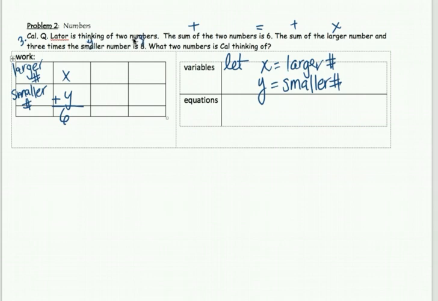Okay, so let's go through and translate those out. So we have the sum of, so we're adding up the larger number and 3 times the smaller number. And so they're saying that the sum of all of that is 8. All right, so here are two new equations to represent this problem. Okay, so if we take the two numbers and add them, we should get 6. If we take the larger, add it to 3 times the smaller, we should get 8. So those are the conditions that we have to abide by.